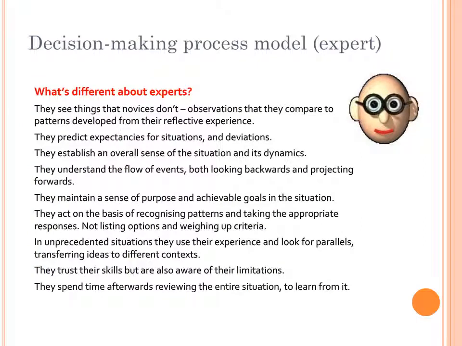However, the rational model is not the only model of decision making. There are other models around, one of which we call the expert model, because it was derived through research into observation of experts. By experts we mean skilled people who have to make decisions on the spot in the field.